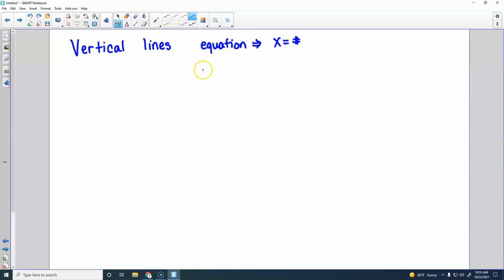So, for example, let me just do one for us to graph. Example 3. Let's say that we're going to graph x equals 2.